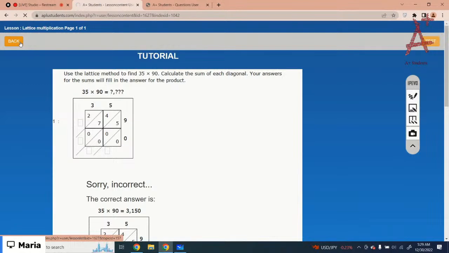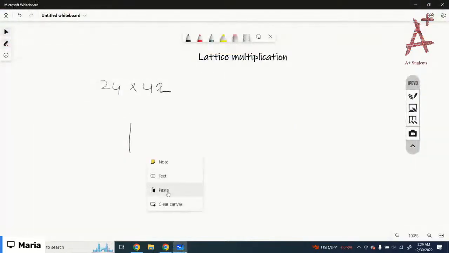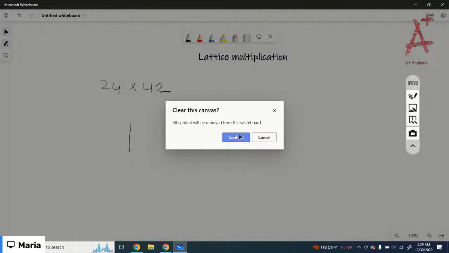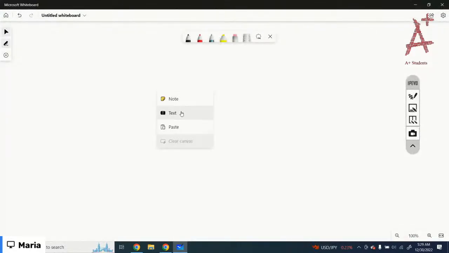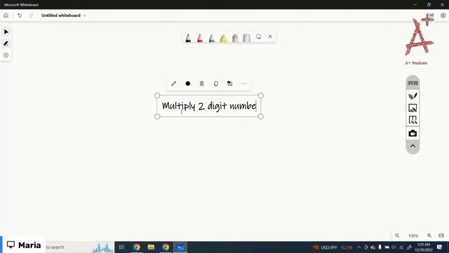The next lesson is multiply two-digit numbers by larger numbers. Let me just write down the lesson name on the board. The lesson name is multiply two-digit numbers by larger numbers.